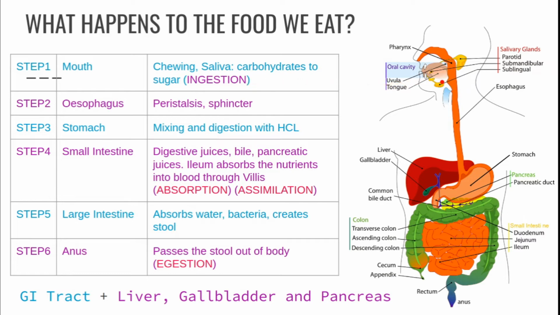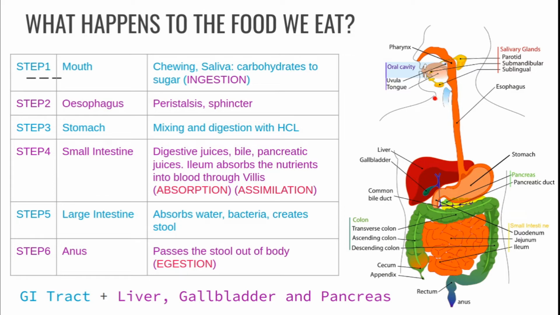Now in the mouth we chew the food and break it into smaller pieces, and the saliva is also mixed into the food. This saliva converts the carbohydrates to sugar, and it also makes the food smooth and slippery so that it can be easily passed down to the esophagus. So this is step one.